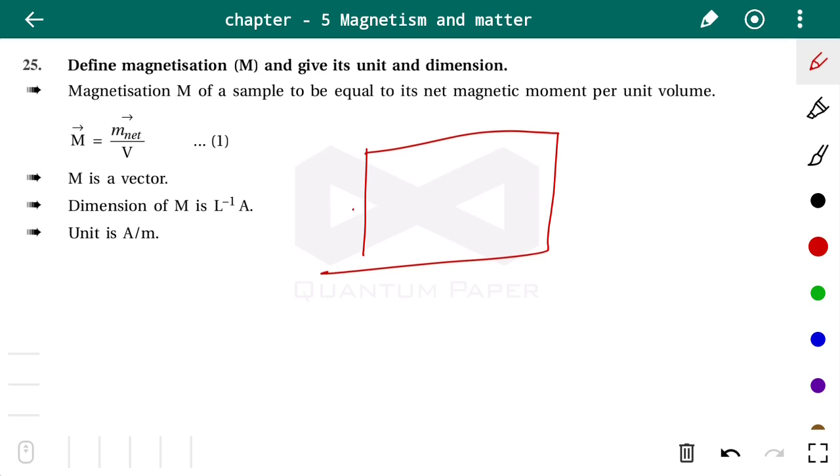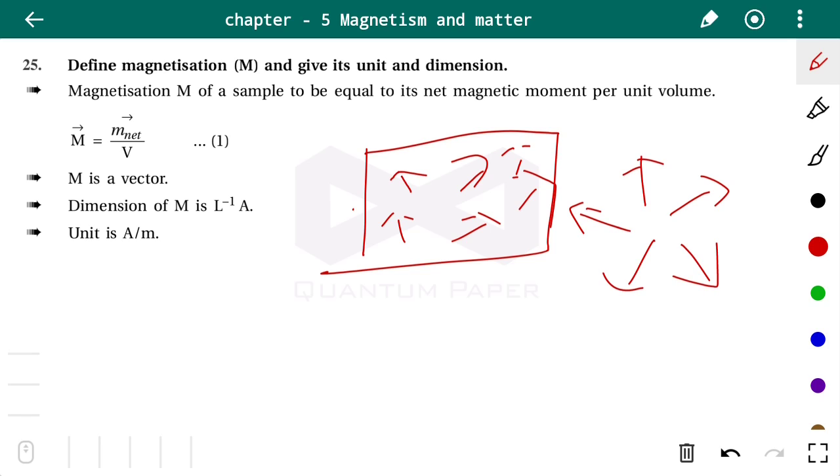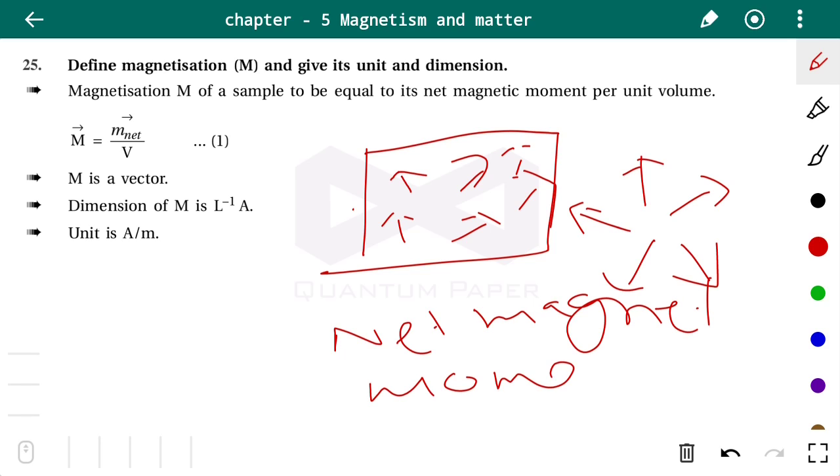Instead of atoms, let us write in terms of magnetic moments. There are a number of magnetic moments in this sample, but they are aligned randomly, so they get cancelled out. The net magnetic moment will be 0.